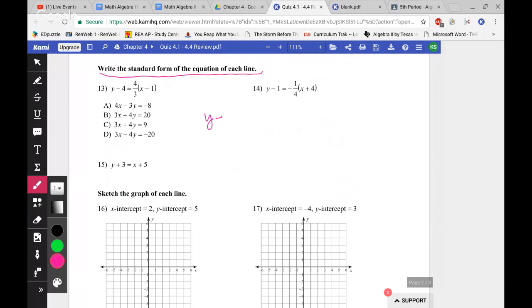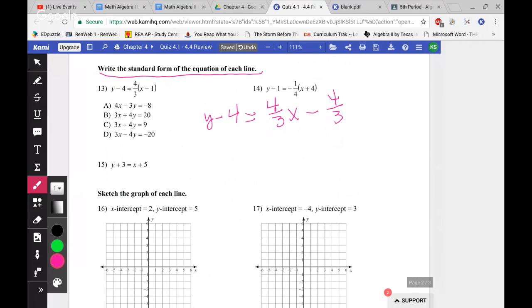Right. So you're going to have y minus 4, and then we're going to distribute on this other side, which is 4/3 x minus 4/3. You're with me so far, right? Yeah.